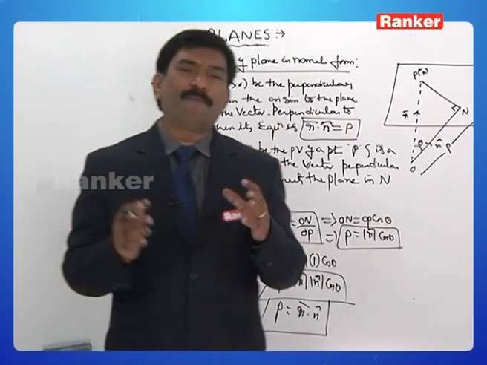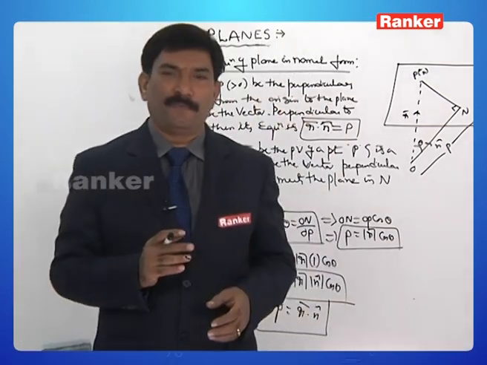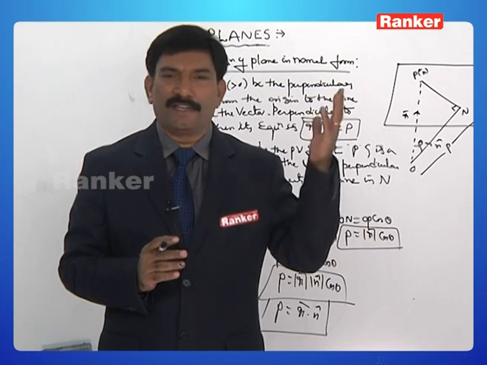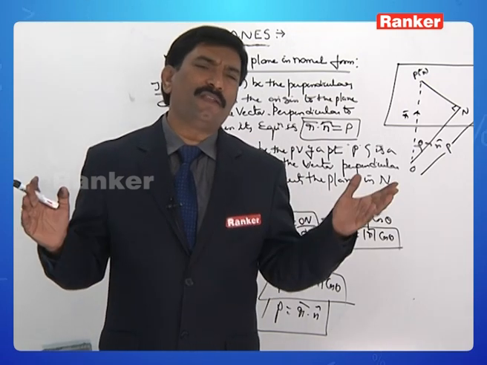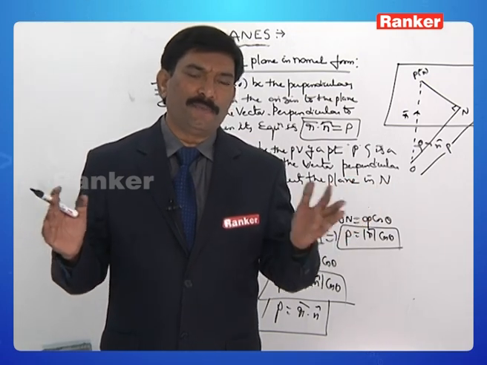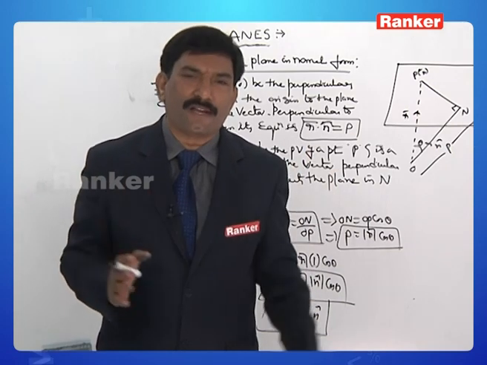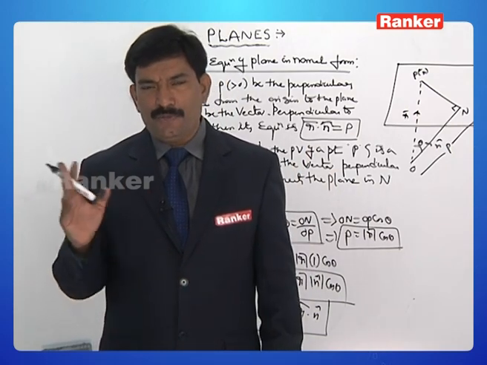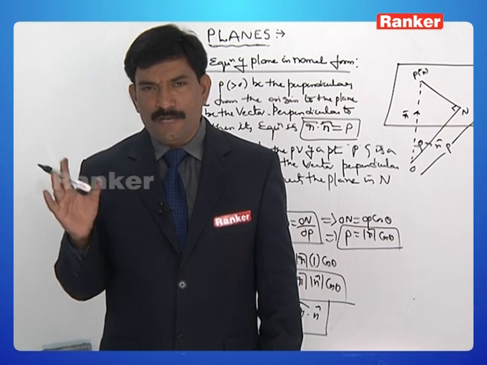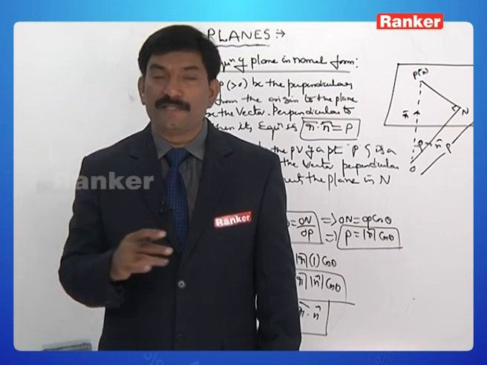If I take r bar as xi plus yj plus zk, n bar is equal to n1i plus n2j plus n3k. Take a dot product. n1 into x plus n2 into y plus n3 into z is equal to p.